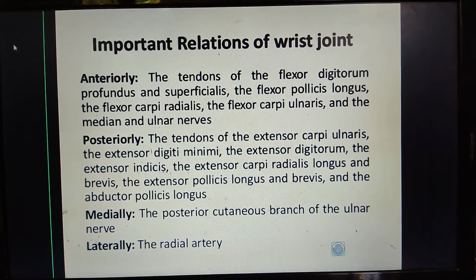You have the median nerve, the ulnar nerve, and posteriorly you have the tendons of the extensor carpi ulnaris, the extensor digiti minimi, the extensor digitorum, the extensor indicis, the extensor carpi radialis longus and brevis, the extensor pollicis longus and brevis, and the abductor pollicis longus. Medially, you have the posterior cutaneous branch of the ulnar nerve, and laterally the radial artery.